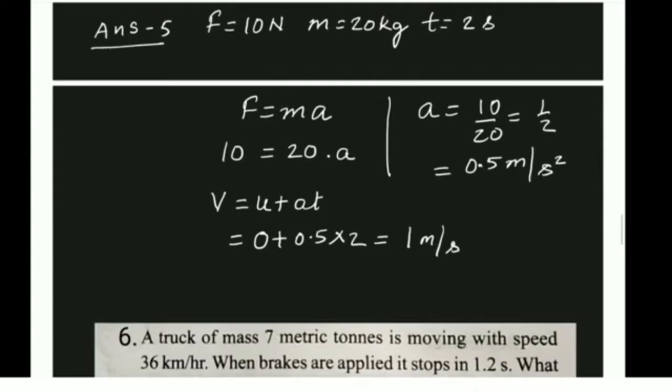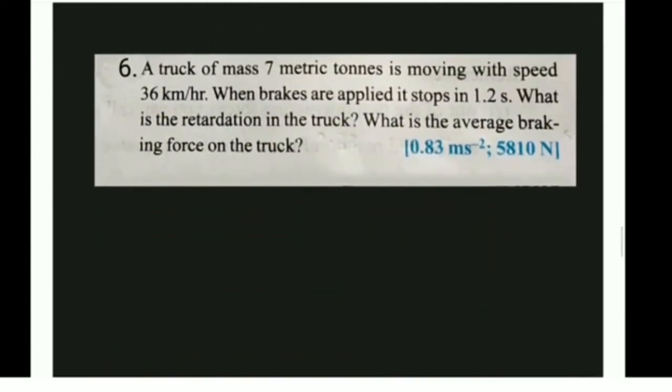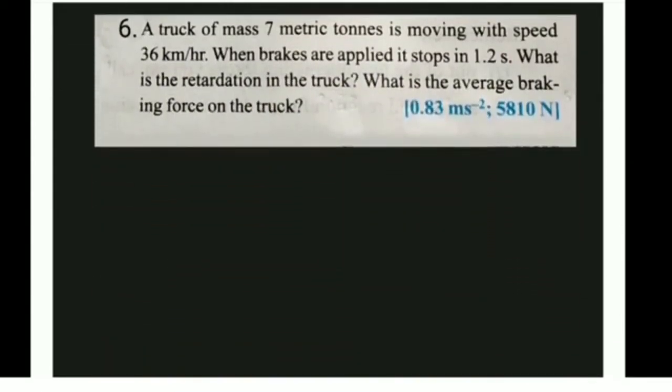Now come to question number 6. A truck of mass 7 metric tons. Now here the mass is given in metric tons, so we have to convert into kgs. So for your knowledge, you should know the relation between metric tons and kgs.